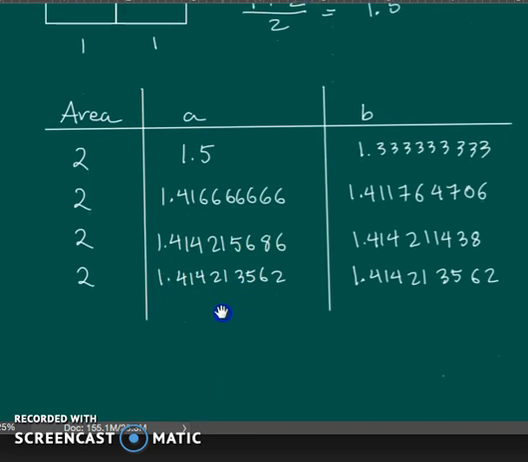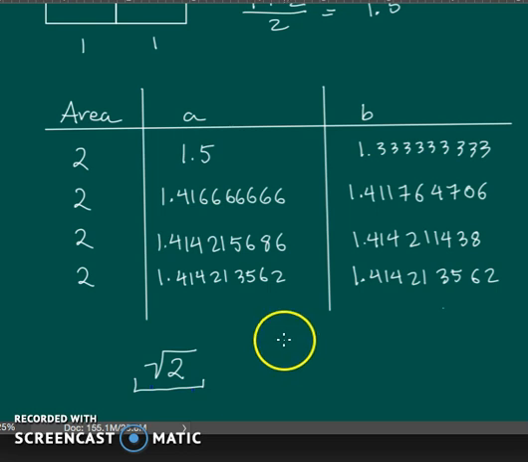And the only way that we are able to express that area or that side length is square root of 2. So there is no exact decimal approximation of the square root of 2. If we want to say square root of 2, we have to write it exactly like this.